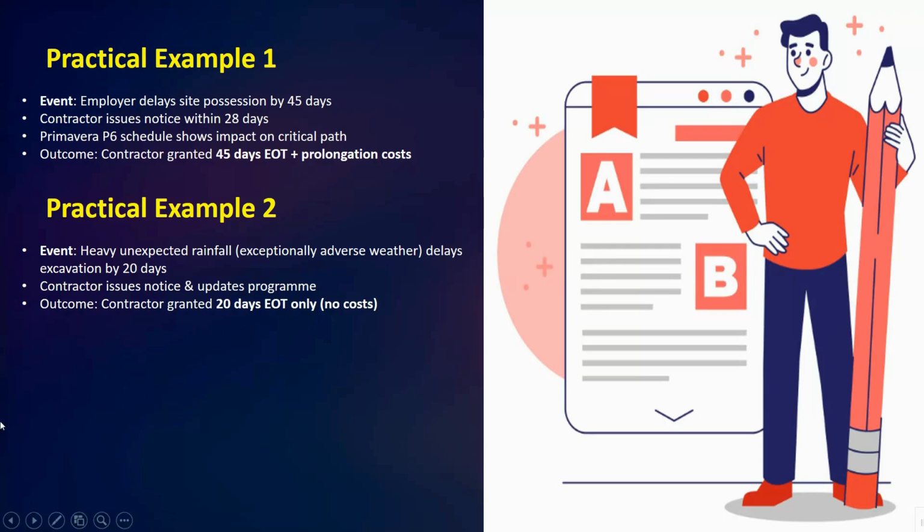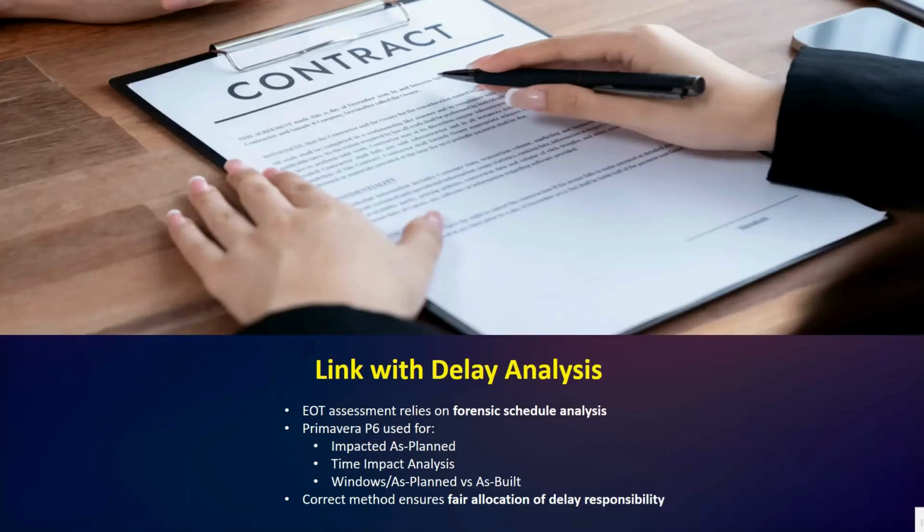As the outcome, the contractor received 20 days EOT but no cost. This example highlights that some delays give time only, while others give both time and cost, depending on the responsibilities. I hope these examples are clear.